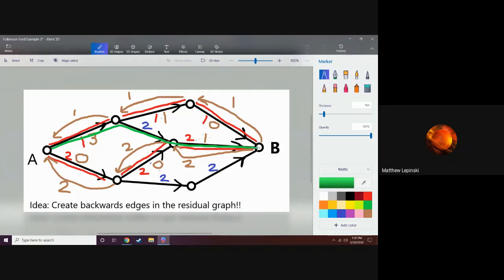Then I'm going to ship 1 unit of flow here. I'm going to turn this 2 into a 3.